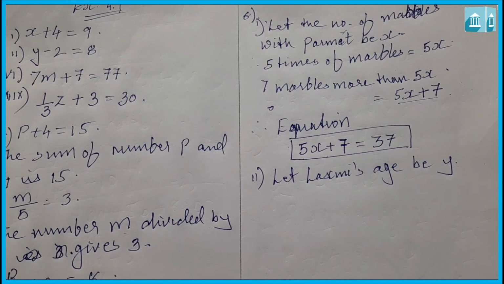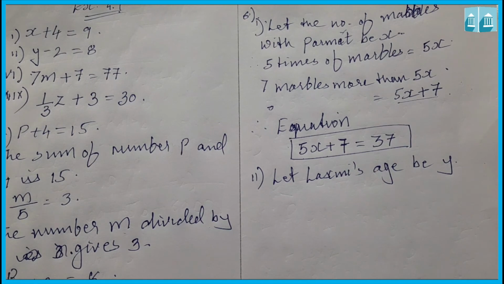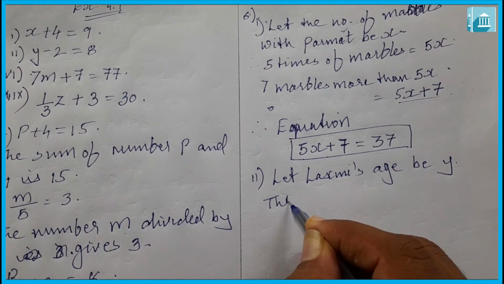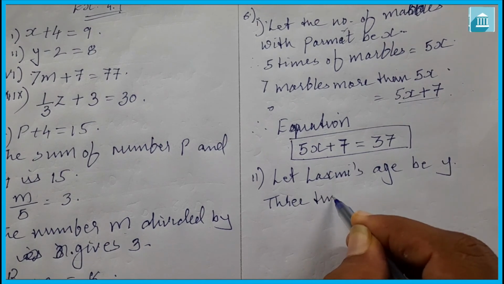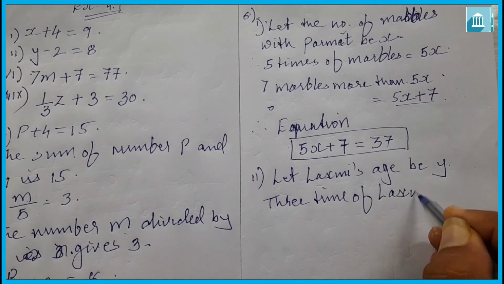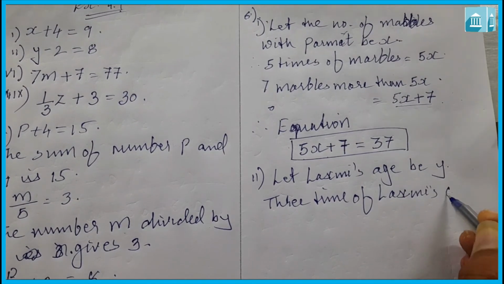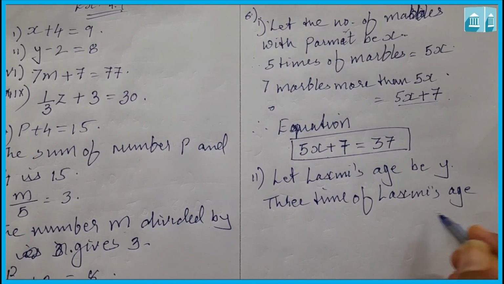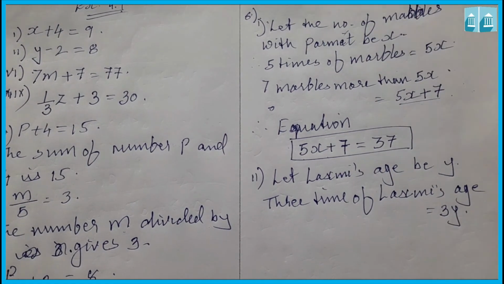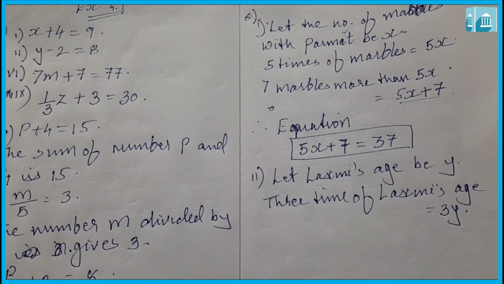Now we can say that he is 4 years older than 3 times Lakshmi's age. So 3 times Lakshmi's age is equal to 3y.